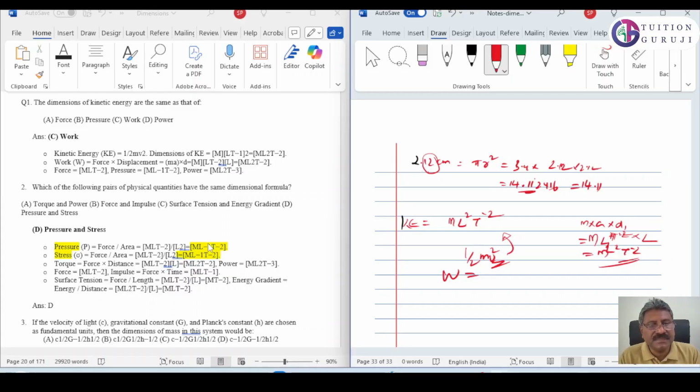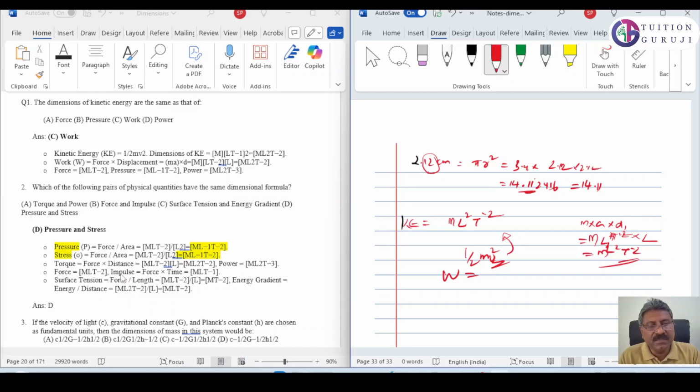Let us see the others also. Torque is force into distance, which gives the dimension of work, so work, energy, and torque have the same dimensions. Force is M L T raised to minus 2, which is not the same.